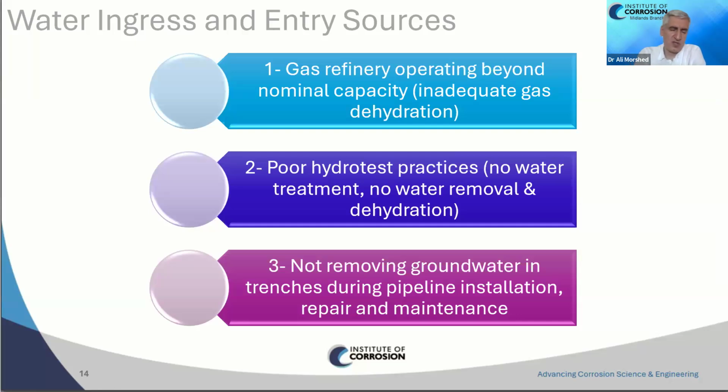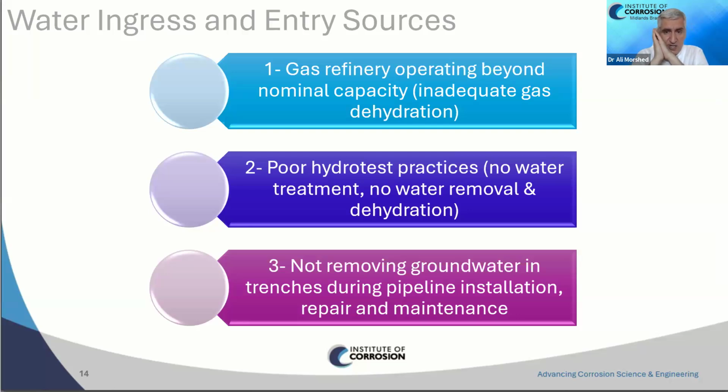The next source was that we noticed, unfortunately, for various reasons, probably the most critical ones, a lack of quality control and supervision and communication with the hydrotest contractors. There were very poor hydrotest practices on site. No water treatment had been carried out.